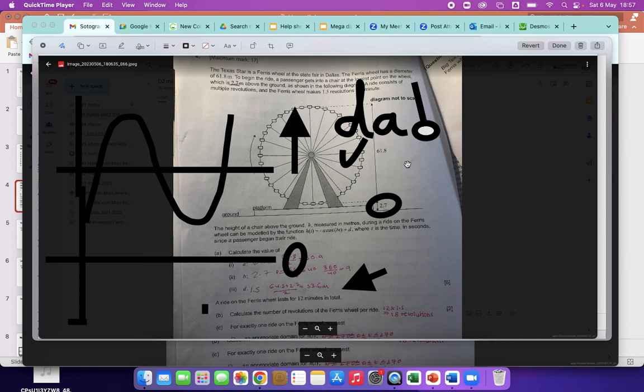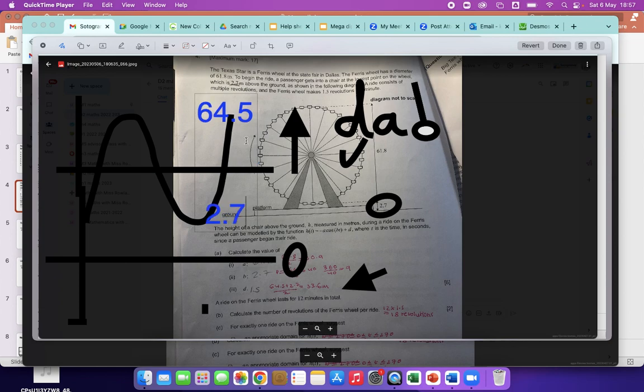So 2.7 plus 61.8 is clearly going to be around about 64.5. So we know the absolute maximum of this graph is going to be 64.5, and we know the minimum of this graph in terms of where the Ferris wheel goes is going to be 2.7, because they get on at level 2.7. So this is going to be 64.5, and then this value at the bottom is going to be, as we expected, 2.7.